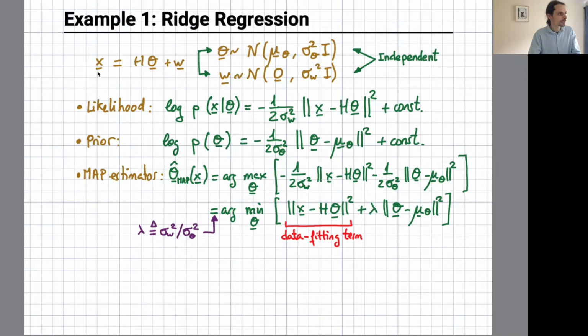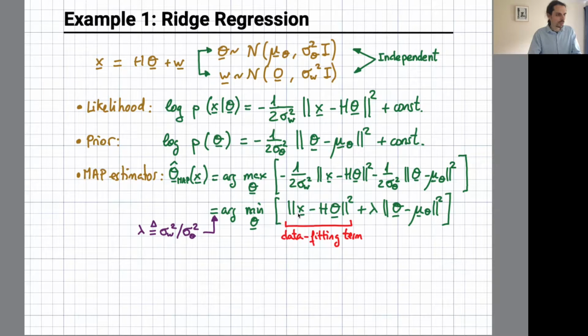In that case, x equals h times the true theta. So if we substitute that here, we will obtain h times the true theta minus h times this optimization variable, which we also call theta, just to simplify the notation, as we already said multiple times throughout this discourse.